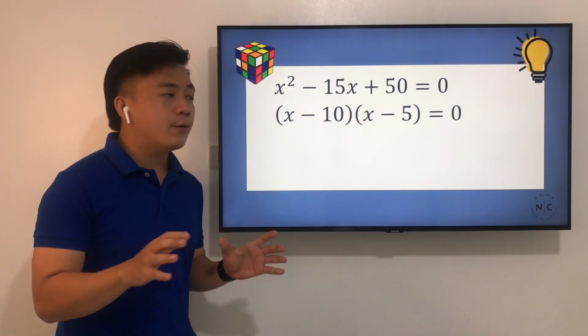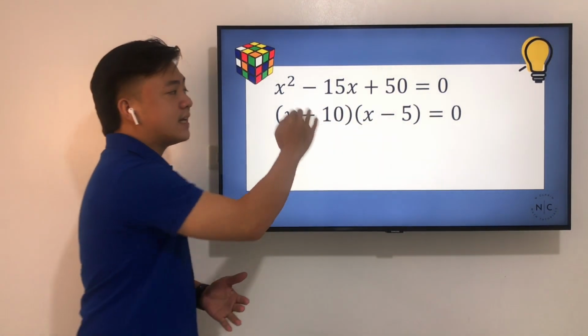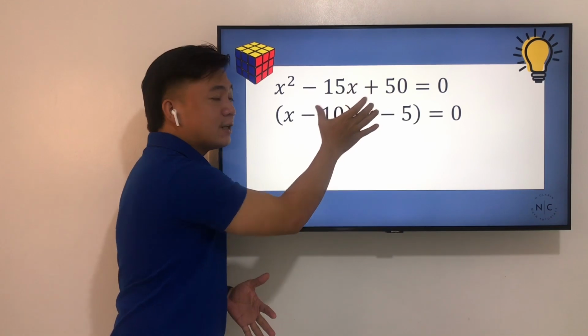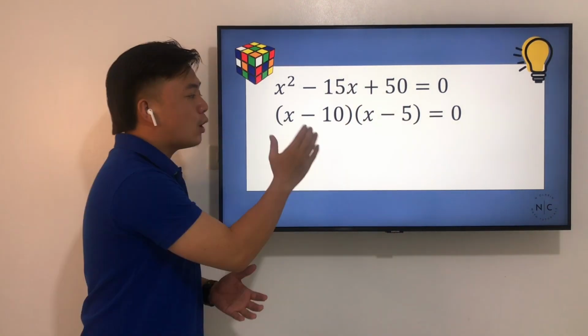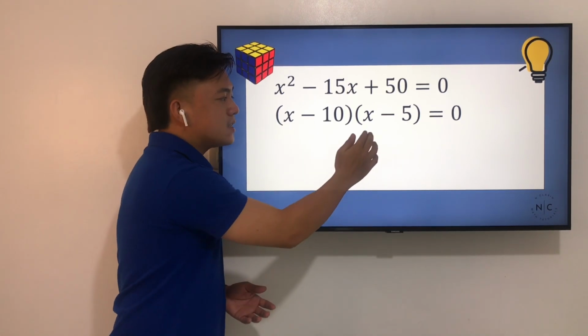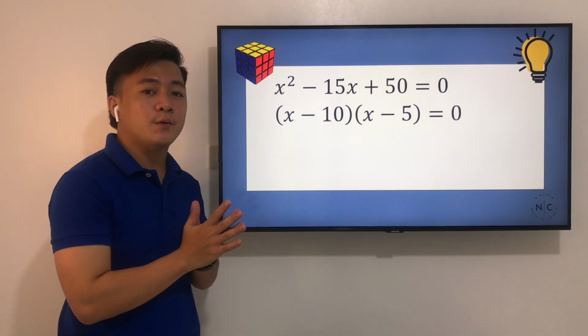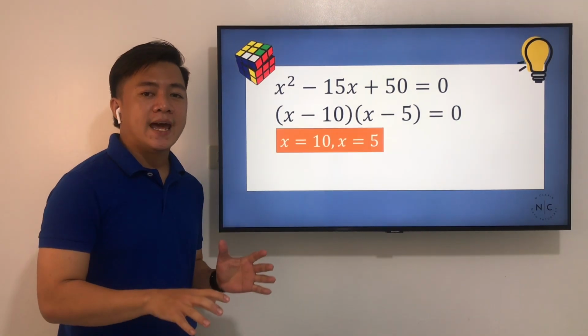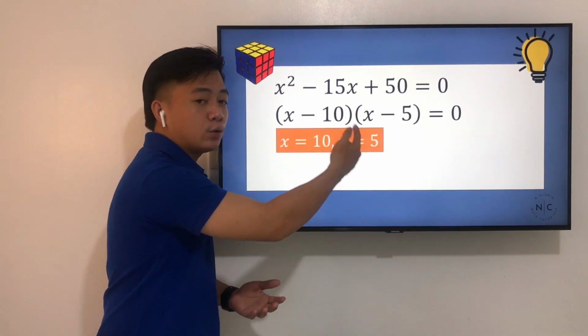Next step, what are we going to do is to factor yung ating given equation. Dahil quadratic equation yan is, titignan natin kung pwede ba siyang i-factor. And kung mag-factor tayo, is ito yung makukuha natin. The quantity of x minus 10 times the quantity of x minus 5 is equal to 0. Next is, we will use the zero product property. And yung makukuha natin is x is equal to 10 and x is equal to 5.